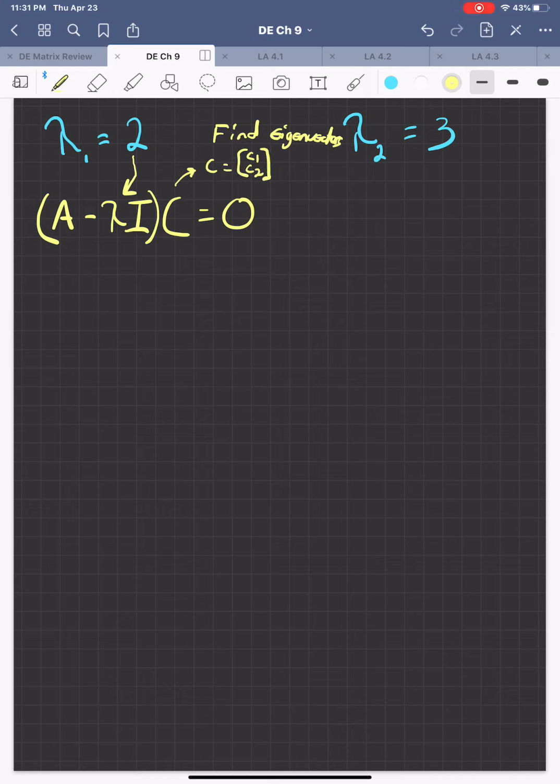That's how we shorten the process so things don't get cluttered, but let's get back to the proper form. That would be A minus 2I, times c sub 1, c sub 2, equal to 0.